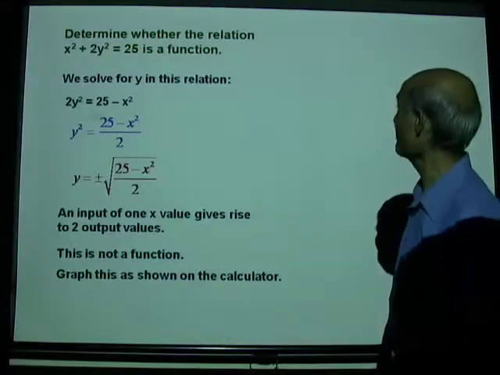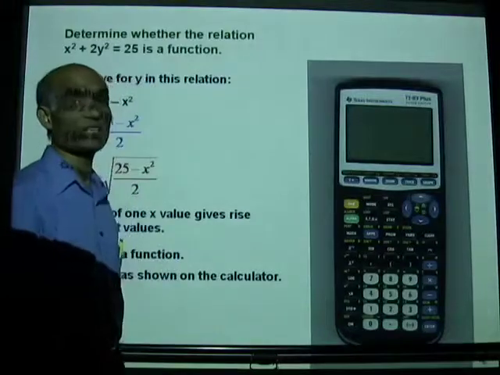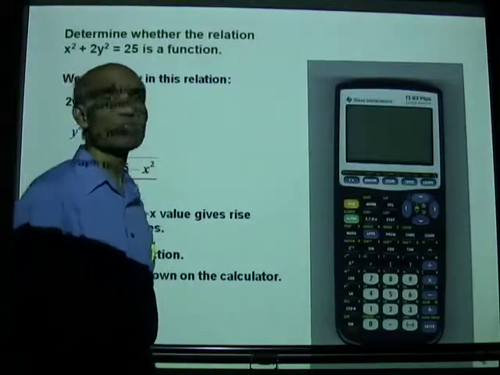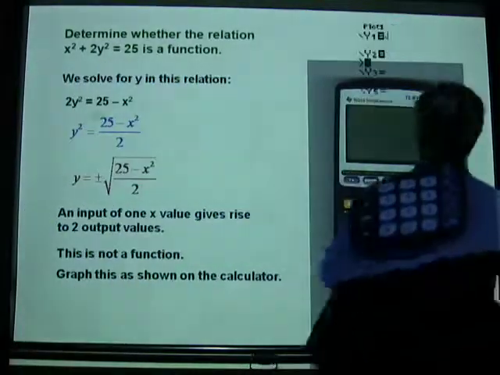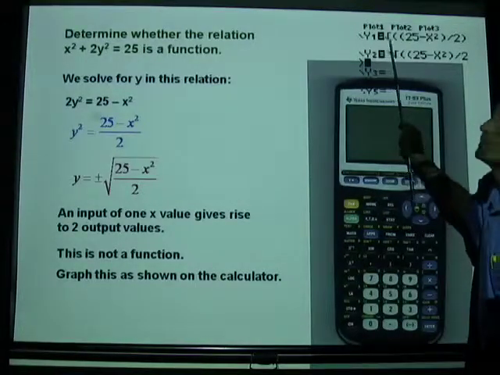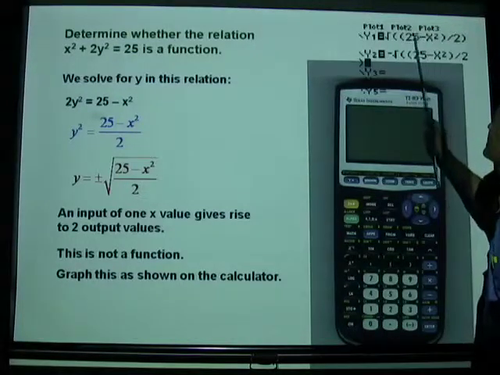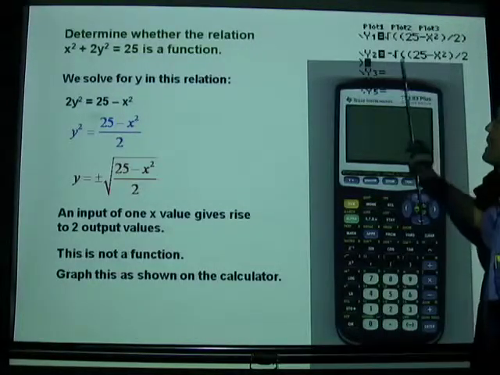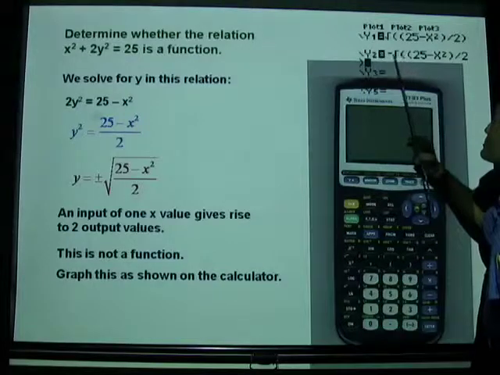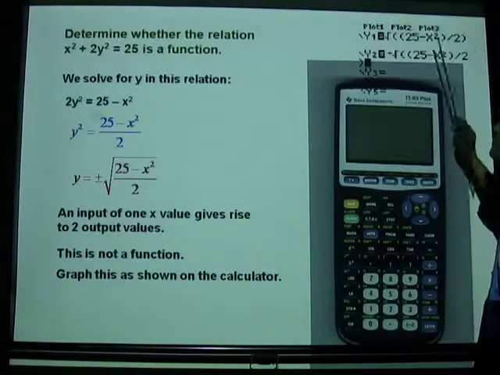Now, how about the graph of this? How do you graph that on the calculator? Well, you know how to use the calculator for graphing. So what do you do on the calculator? Type in y1 equal to square root of, look at the way I have entered it, 25 minus x squared over 2. y2 equal to negative square root of 25 minus x squared over 2.